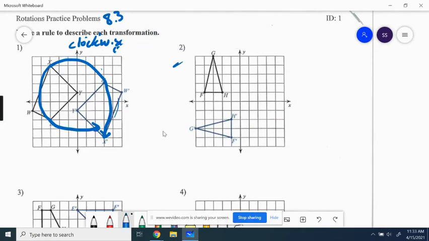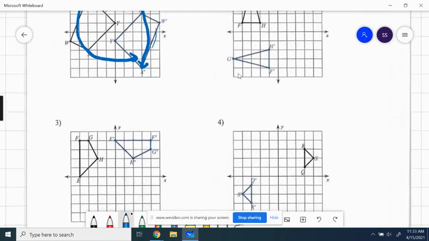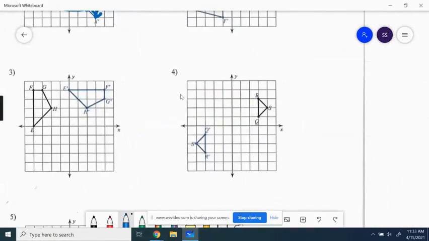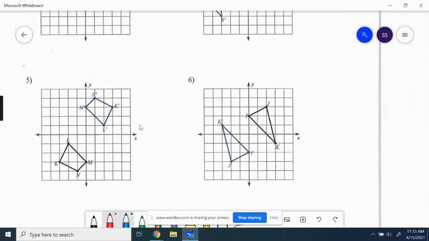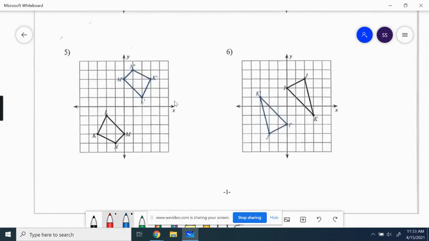I'll erase this here. So number 2, and let's do one that starts in a different quadrant. Let's do number 3. Let's change color. So we're starting, this one starts in the same quadrant. Let's do 5. Okay, so we're starting in this quadrant. And so we just need to look at one of our points.